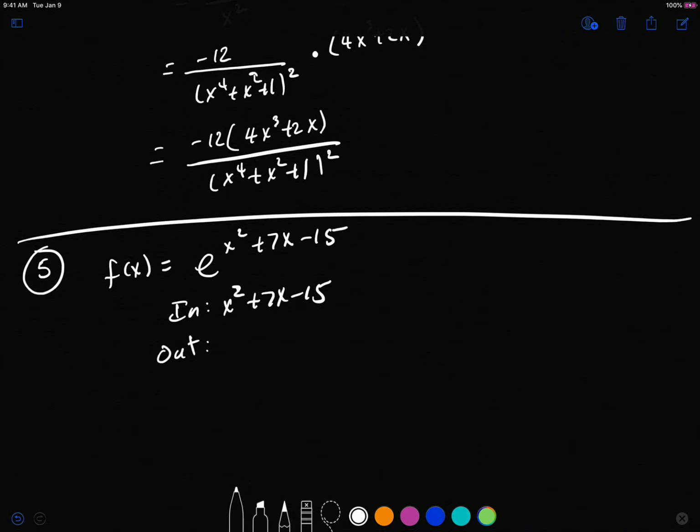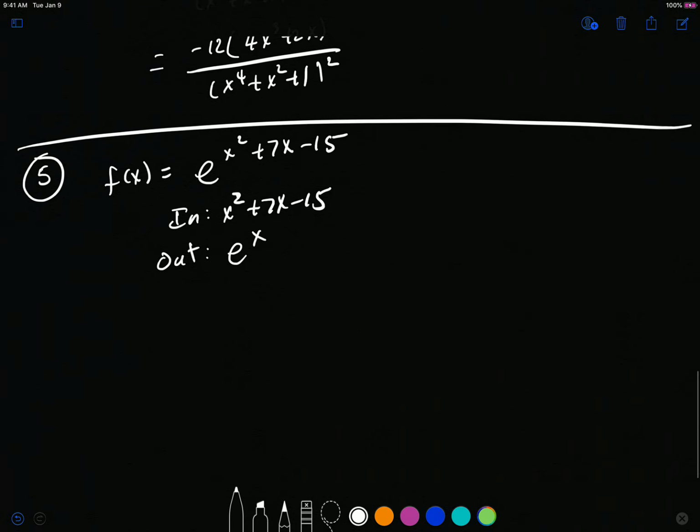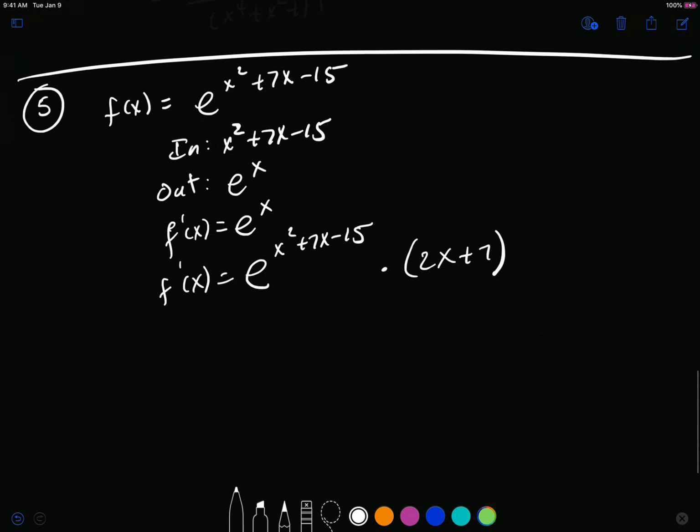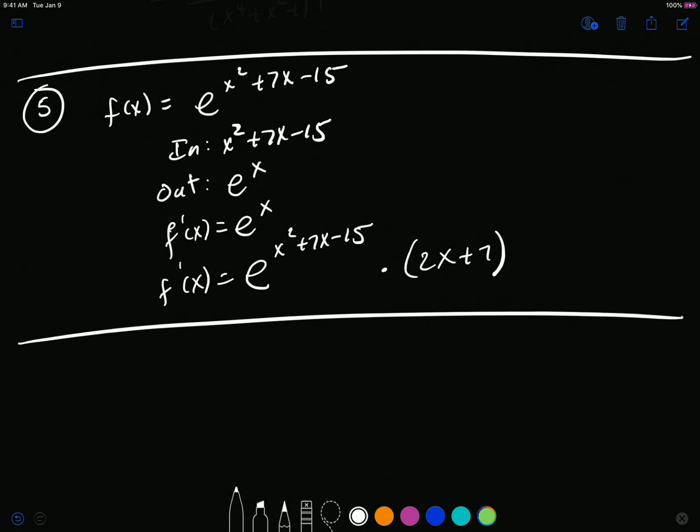The outside is e to the x. The derivative of e to the x is e to the x. After you take that derivative, 2 steps remain. You have to plug your inside function back in and then multiply by the derivative of the inside function. Again, remember to put the derivative of the inside function inside parentheses.